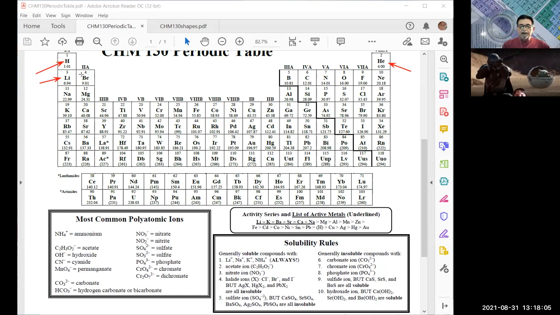Then we have Be, which is beryllium. We shoot across to number 5, which is B, boron, and then good old-fashioned carbon, a very important element. Without carbon, we wouldn't be here.